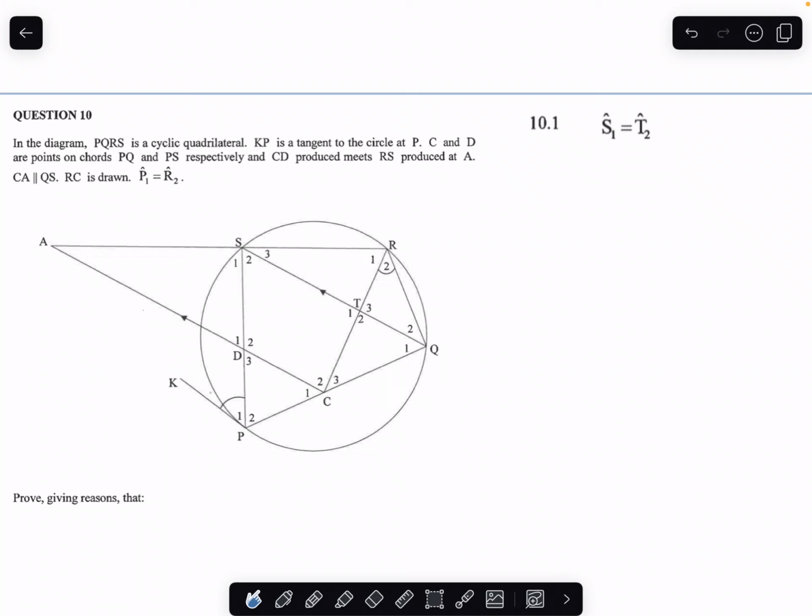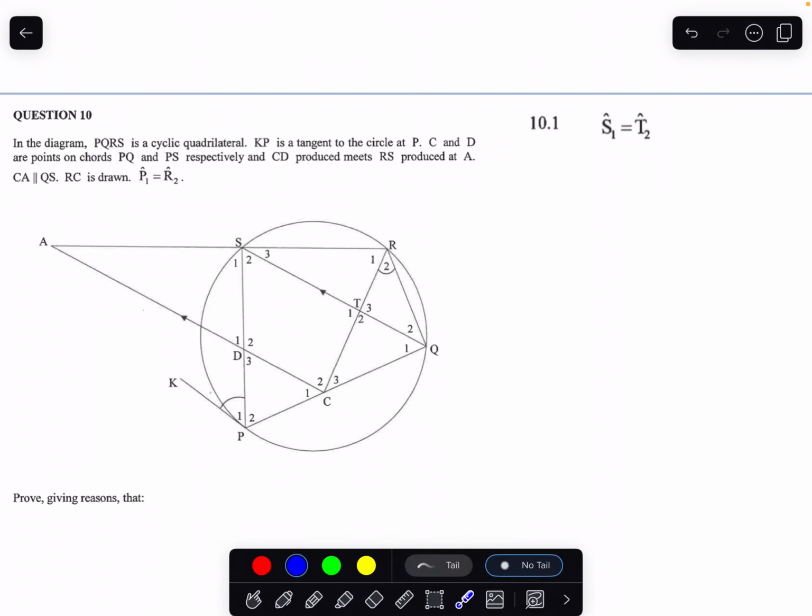In the diagram, PQRS is a cyclic quad. KP is a tangent to the circle at P. C and D are points on chords PQ and PS respectively, and CD produced meets RS produced at A. CA is parallel to QS.